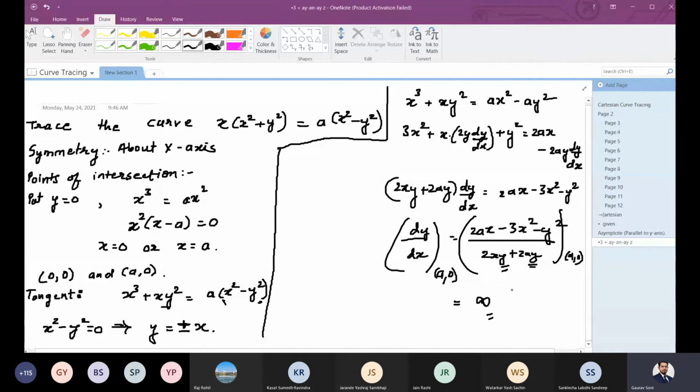So what is the conclusion at the point a comma 0 about the tangent? Tangent is parallel to the y-axis as the derivative is becoming infinity. Okay. Then let's talk about the asymptote. Has anyone worked out the asymptote?